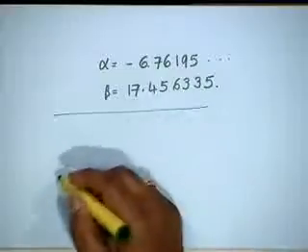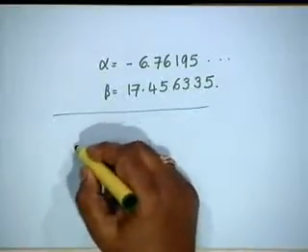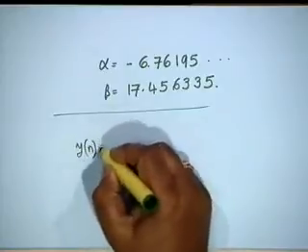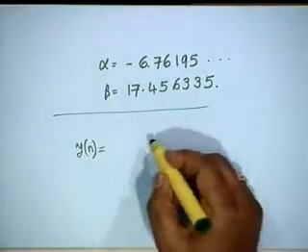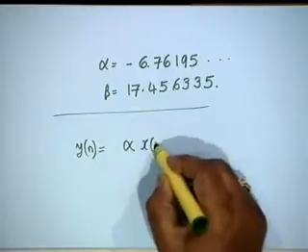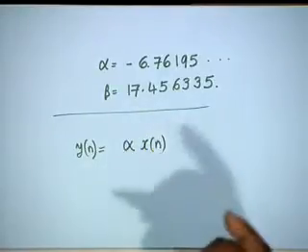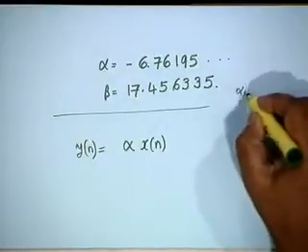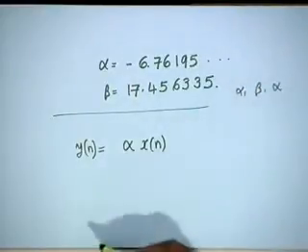Now, obviously, after you have found out alpha and beta, the system is now known. What would be its difference equation, for example? h of n is alpha, beta and alpha, that is all.